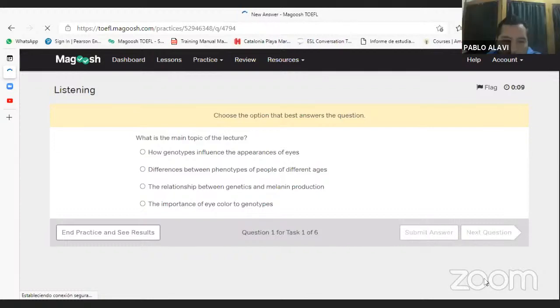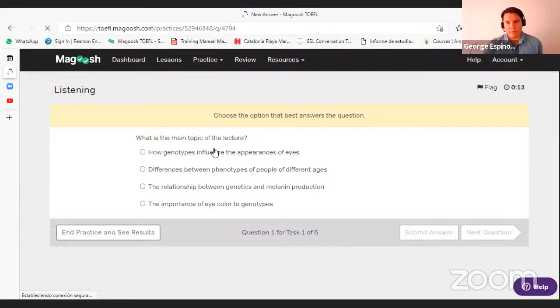I think it's the first one. How genotypes influence the appearance of eyes. Okay. All right. Everyone agrees, or what do you guys think? Yeah, it's the first one. Anyone other? Yes, I think it's the first one. You're saying, Valeria?